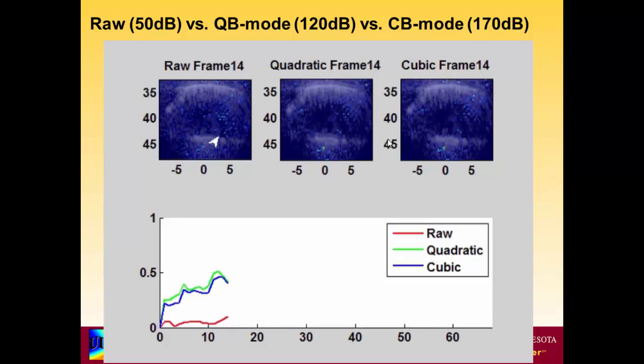For the single pixel we chose here, the raw data is not able to track the perfusion in this location, but the nonlinear components show a relatively high TPI value, which indicates this is a perfusion location. The quadratic shows a slightly better result than the cubic component.